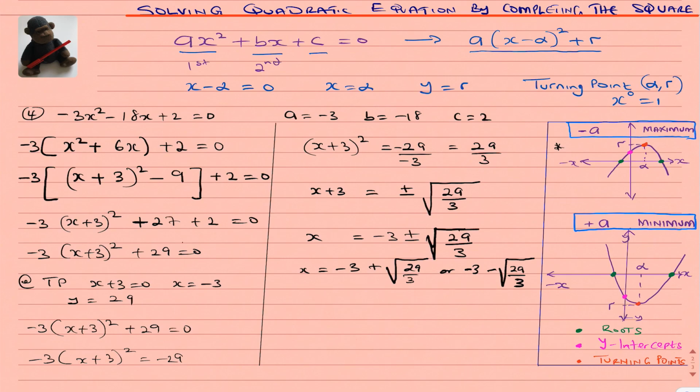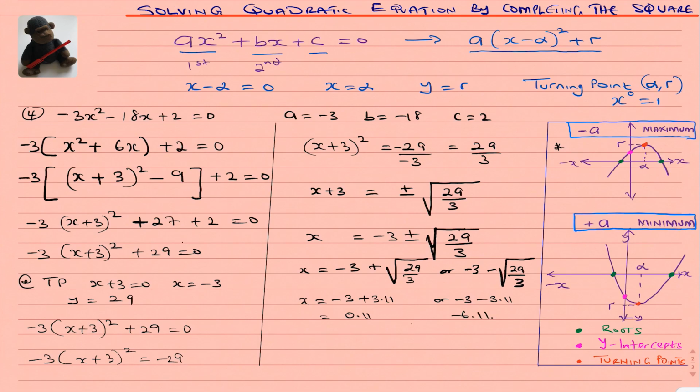Now root of 29 divided by 3 is 3.11. So my x will be minus 3 plus 3.11, or minus 3 minus 3.11, which is 0.11, and minus 6.11.